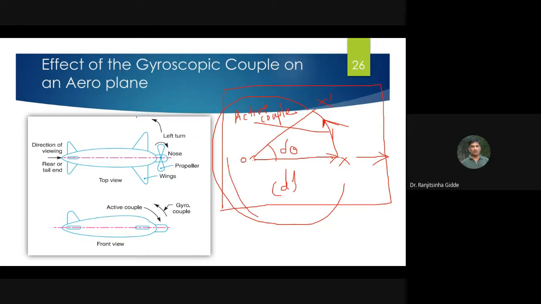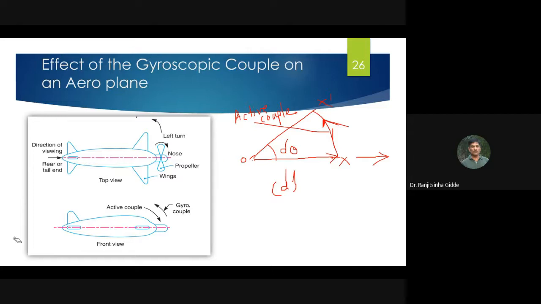Now to this active couple there will be one reactive couple, and the direction for that reactive couple is opposite to this active couple.